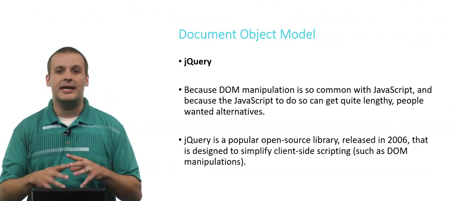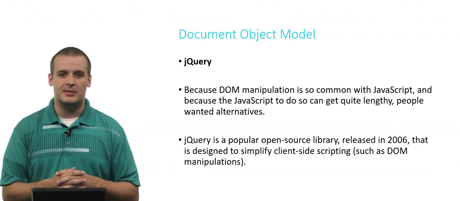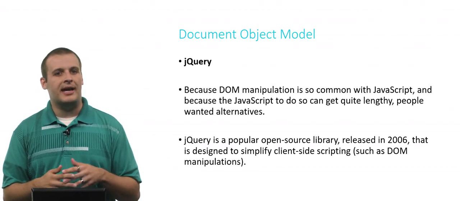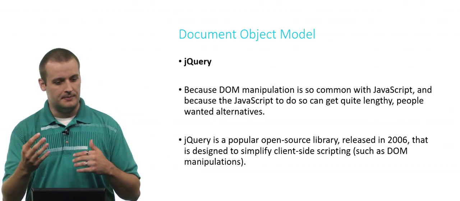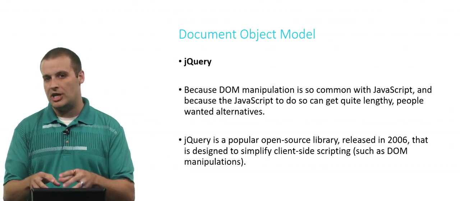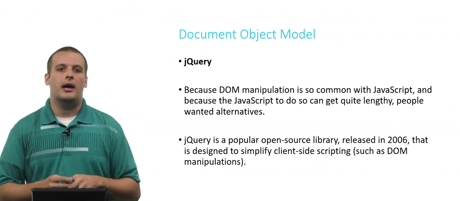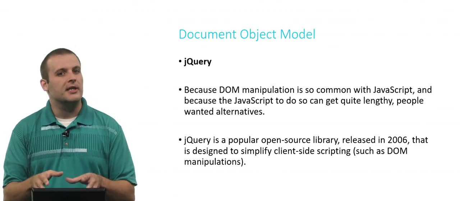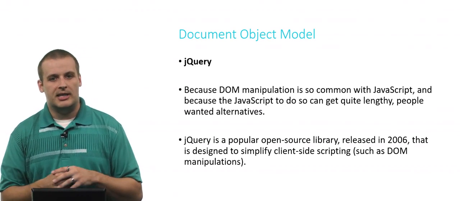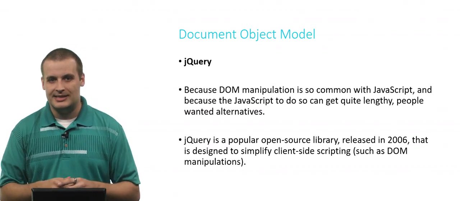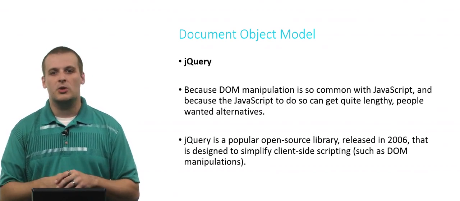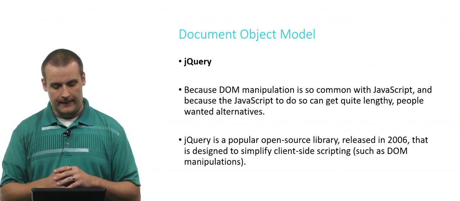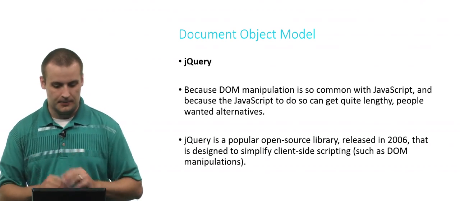It's an open source library, and it does a lot of things, but one of the things it does particularly well is simplify what's called client-side scripting, or where you are writing some code to change things on your computer to affect the look and feel of a site. Document object manipulation is one of those things it does really well, and it also does AJAX queries, which we'll talk about in another video on AJAX quite well also.